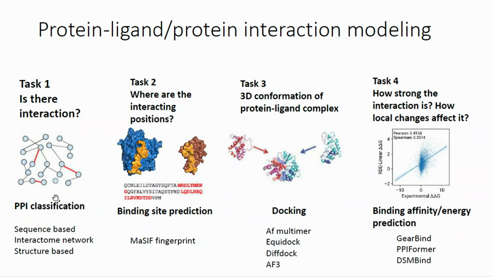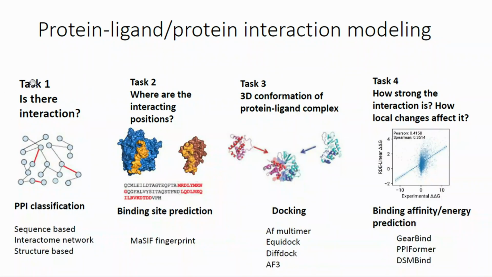So the task here is how we make use of basic information of proteins, such as their family name or their sequence, combined with certain relational structures, such as protein-protein interaction networks, to predict general binary protein-protein interactions.